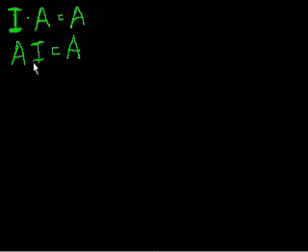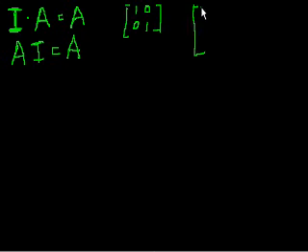Now, what does this matrix actually look like? It's actually pretty simple. If we have a 2 by 2 matrix, the identity matrix is 1, 0, 0, 1. If you want 3 by 3, it's 1, 0, 0, 0, 1, 0, 0, 0, 1. I think you see the pattern.